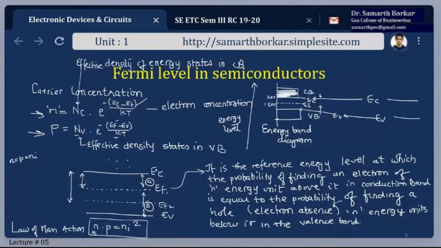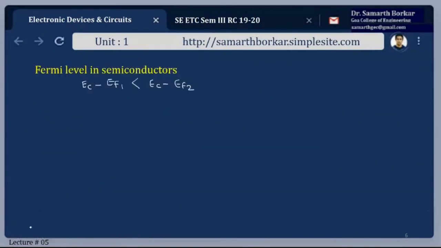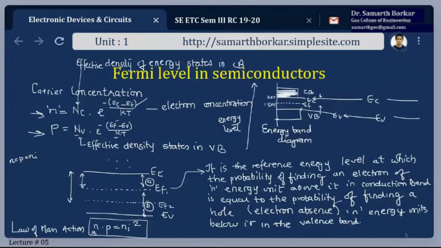Here, EC minus EF1, this difference is less as compared to this difference. We are considering this just to understand, if I move this EF in the forbidden gap, what will be the effect on the concentration. That is our objective. Now look at the equation. It is e raised to the power of minus.